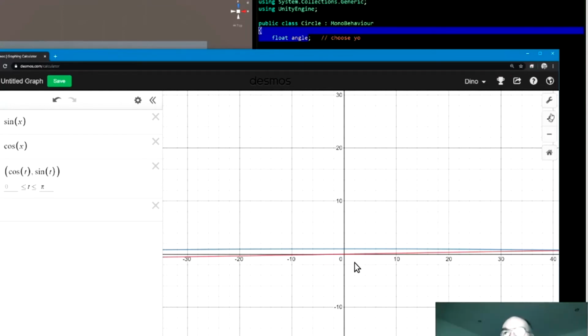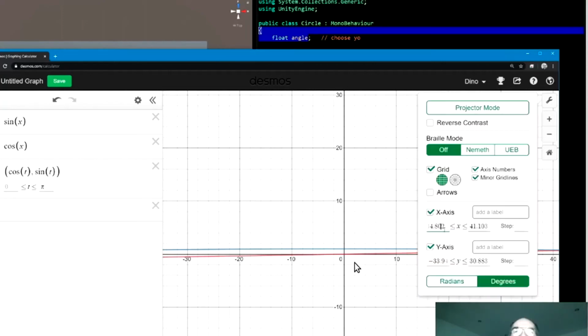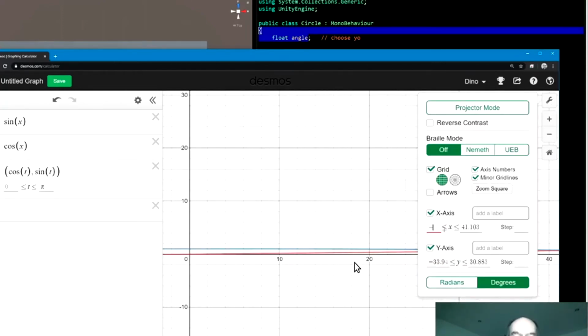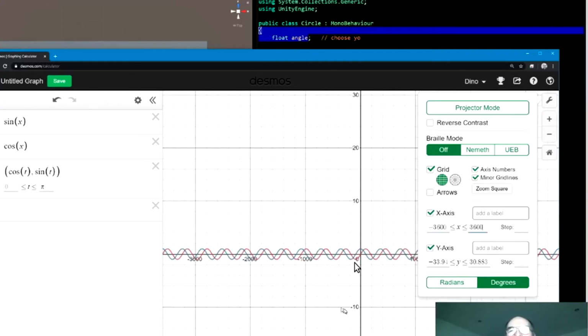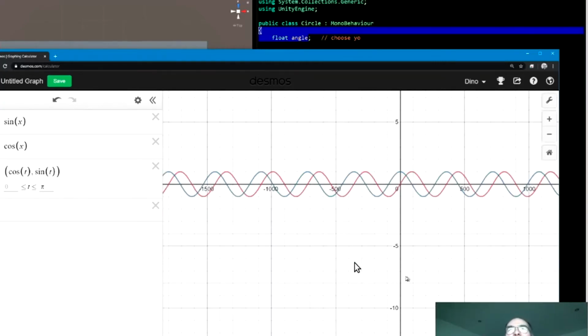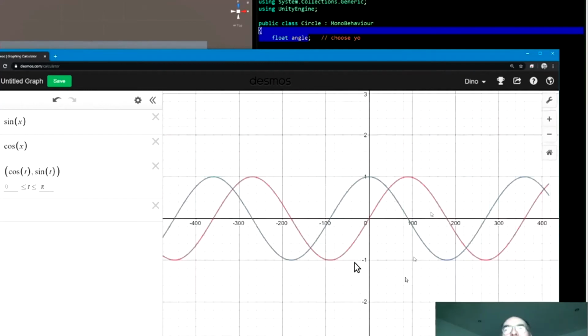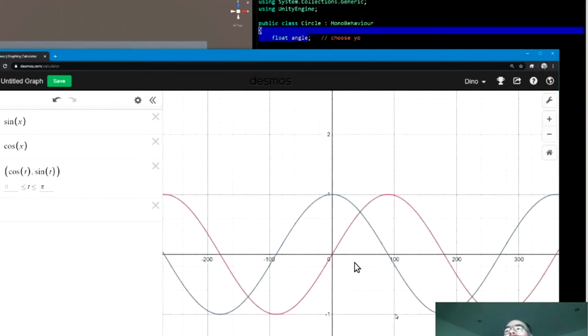Down with degrees. Look, this is a nightmare. This is why mathematicians don't use degrees. Because you try and draw a graph, and you know what you need to do? You need to go over here and change the x-axis to go from, say, minus 3,600 to 3,600 degrees.